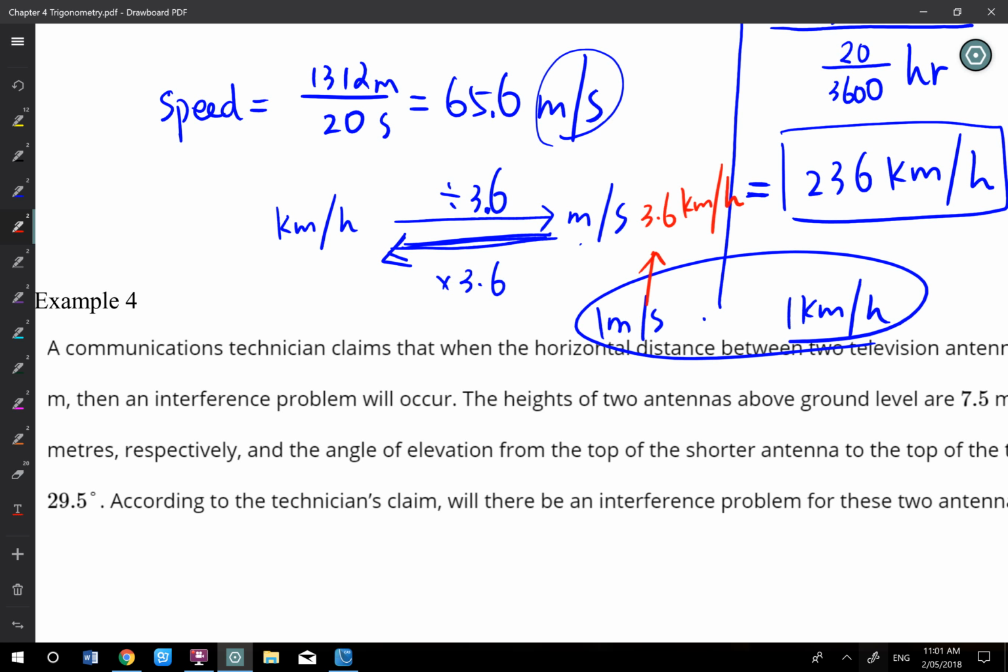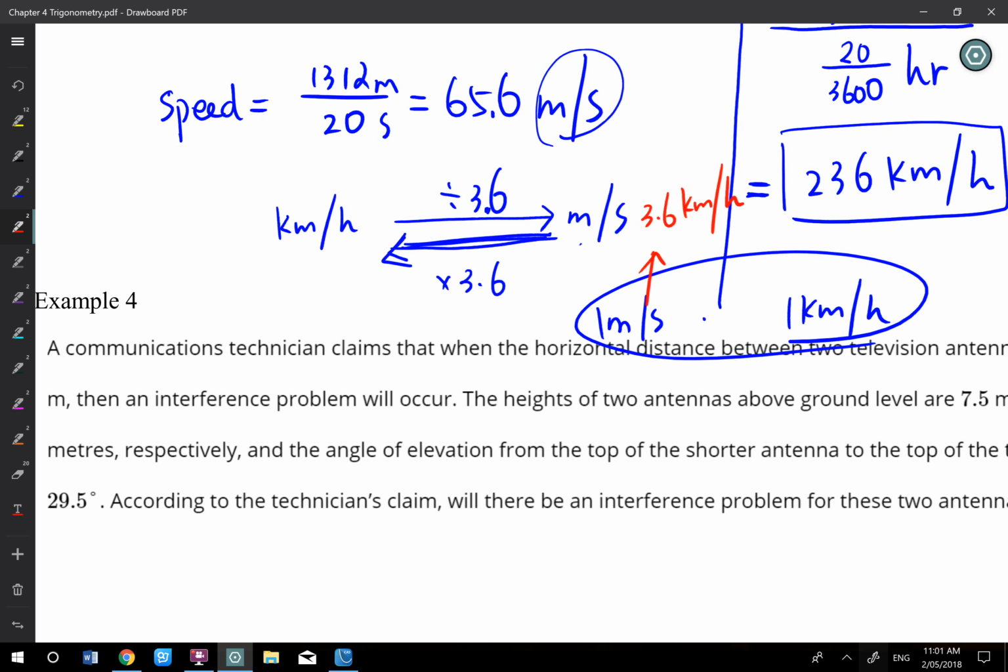Every second I can run for 1 meter. How many seconds are there in 1 hour? 3,600, right? So in 1 hour, I can run 3,600 meters, which is 3.6 kilometers, and that's 3.6 kilometers per hour.